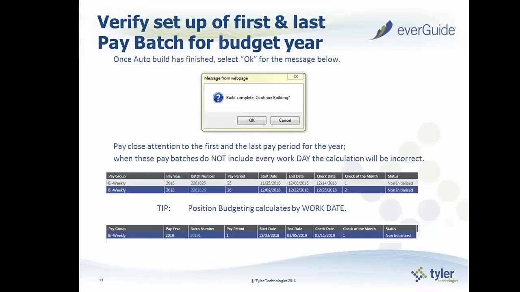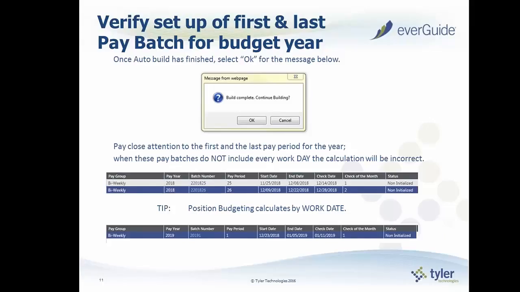Position budgeting works off of the work date. A moment ago, I told you that I'm starting with a 12/24 to 1/6. When I do that, I have all of my work dates available starting from 1/1, but I have to pay attention to my first pay batch and my last pay batch.